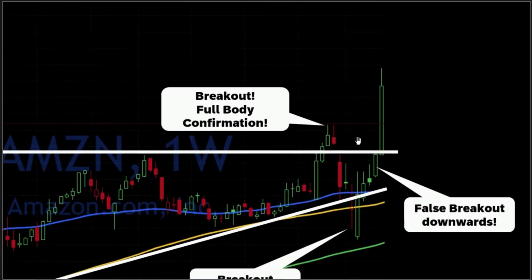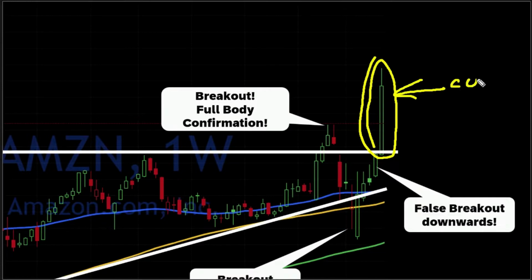So you can see that again, the next week when the candle opens, there's a huge spike upwards, and this is the beginning of a short squeeze. So short sellers are squeezed out over here, panicking. They're covering their shorts right here in panic.